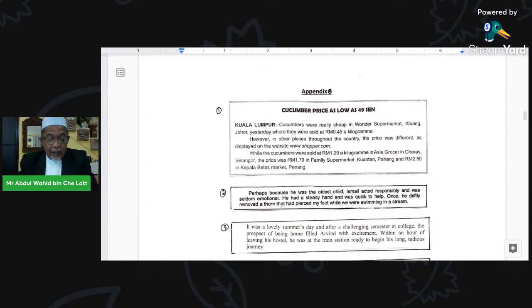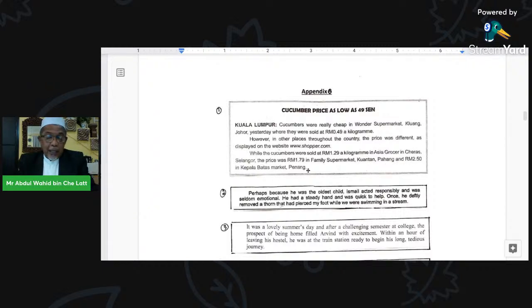However, in other places throughout the country, the price was different, as displayed on the website www.shopper.com. While the cucumbers were sold at 1 ringgit and 29 cents a kilogram in Asia Grocer in Cheras, Selangor, the price was 1 ringgit 79 cents in Family Supermarket Kuantan, Pahang, and 2 ringgit and 50 cents in Kepala Batas Market, Penang.